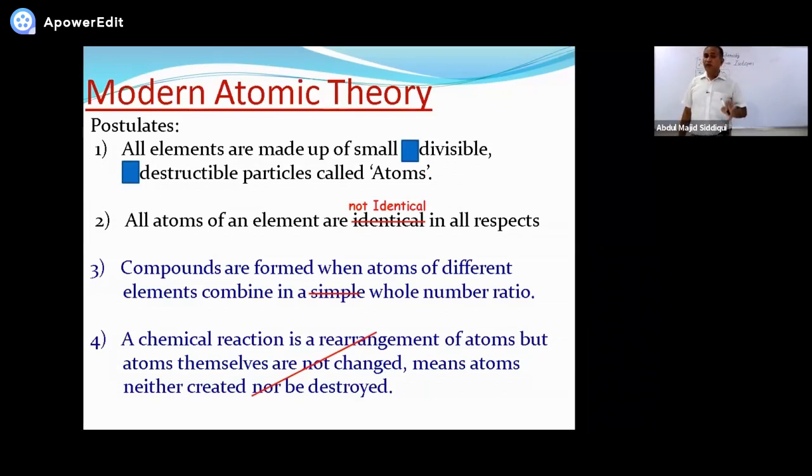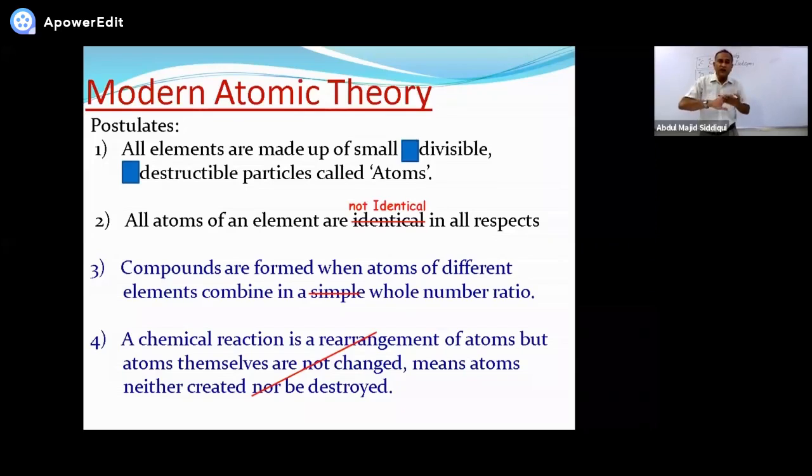So, what is the correction over here? The compounds are formed not only in simple whole number ratio, but also in complex whole number ratio. Okay? Point number 4. Already discussed this one. According to John Dalton, atoms can't be created, can't be destroyed. We know that in nuclear reactions, matter can be converted into energy.